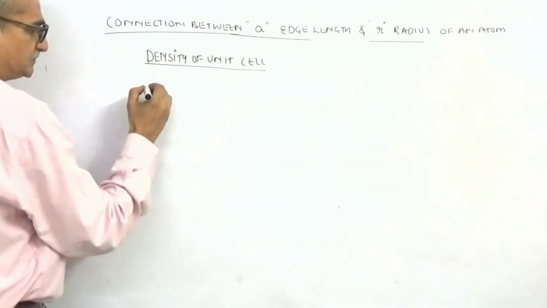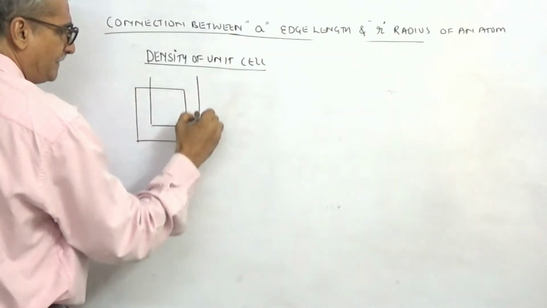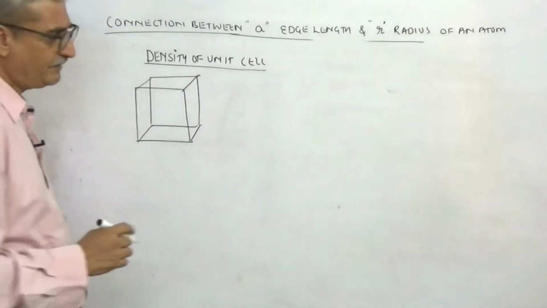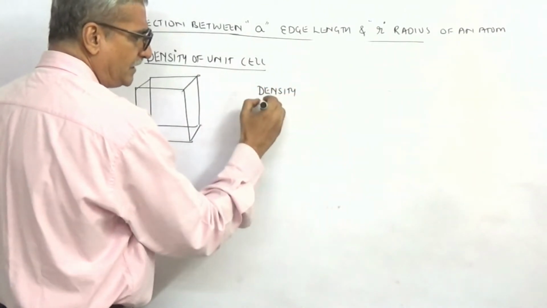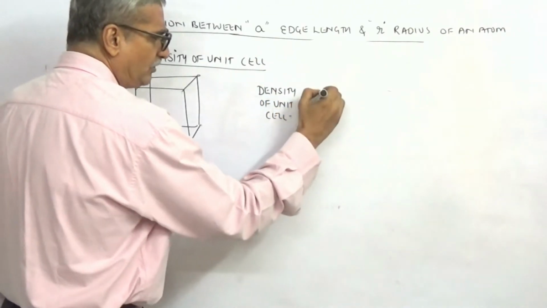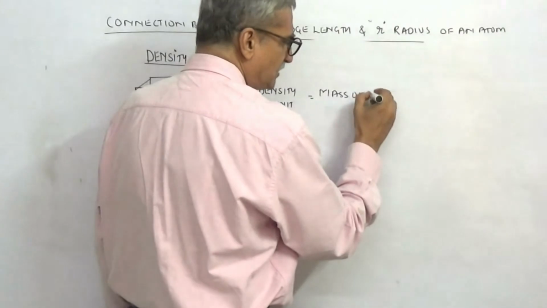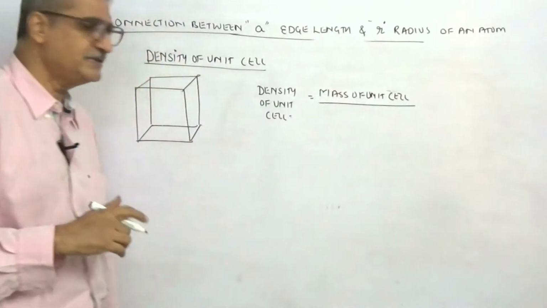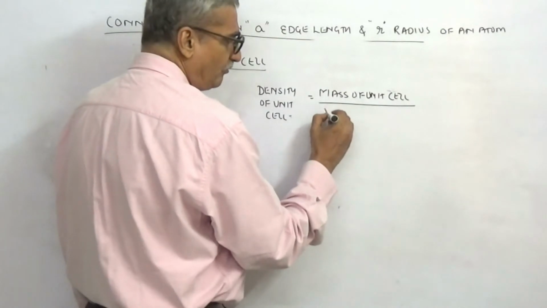I am talking about a cube now. Everything we are talking about is in terms of a cube. Density of the unit cell will be equal to mass of the unit cell divided by volume of the unit cell.